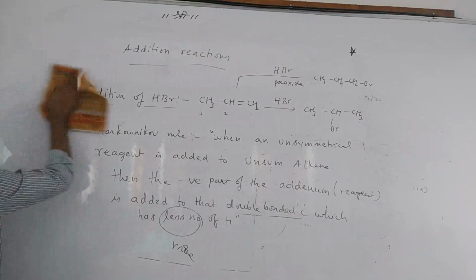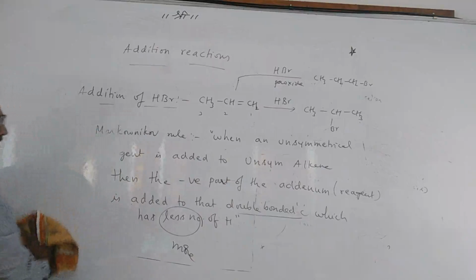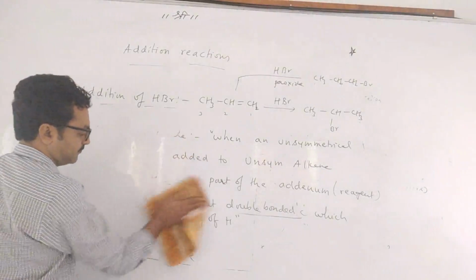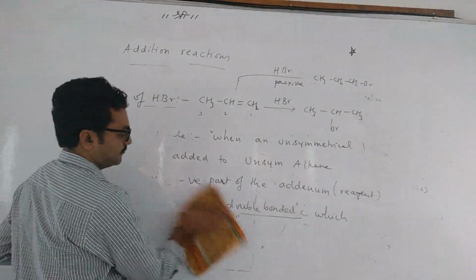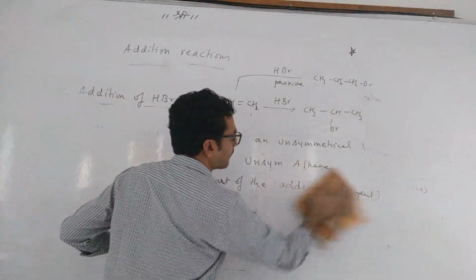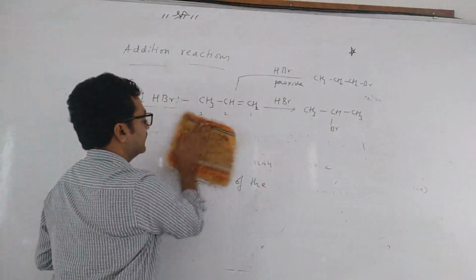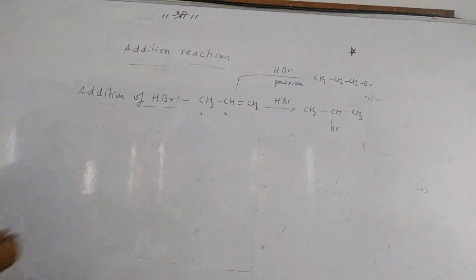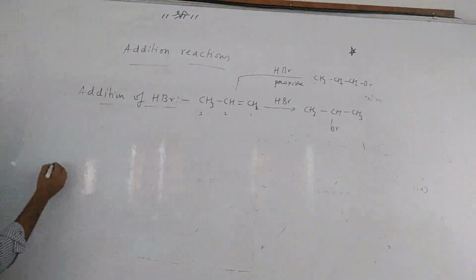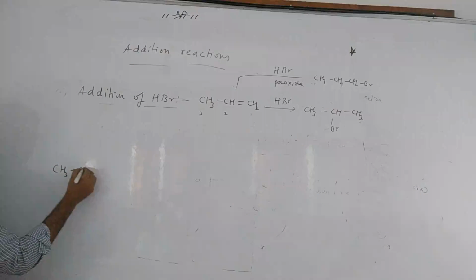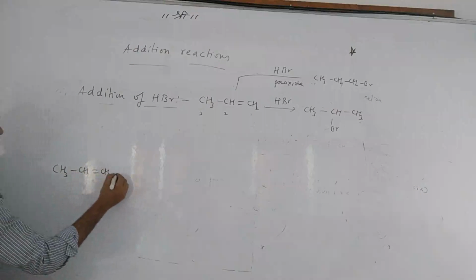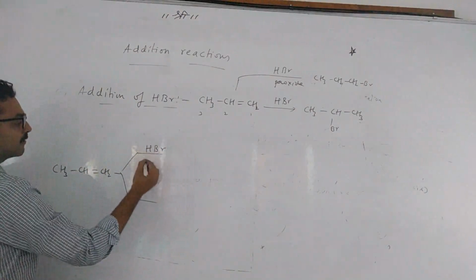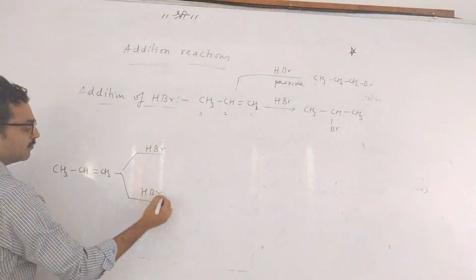Mechanism. Shall I erase? So like this they will ask in exam: CH3 CH double bond CH2, with HBr and HBr in the presence of peroxide.